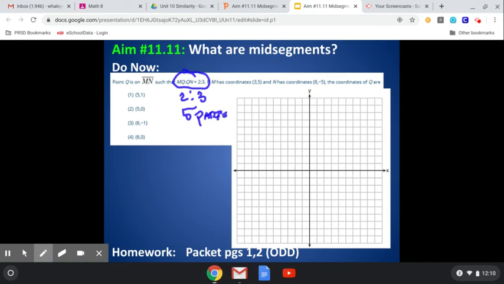So let's see. Let me plot (3, 5), 1, 2, 3, 1, 2, 3. Okay, that's M. N is at (8, -5). 1, 2, 3, 4, 5, 6, 7, 8. Okay, there's N. Connect those.